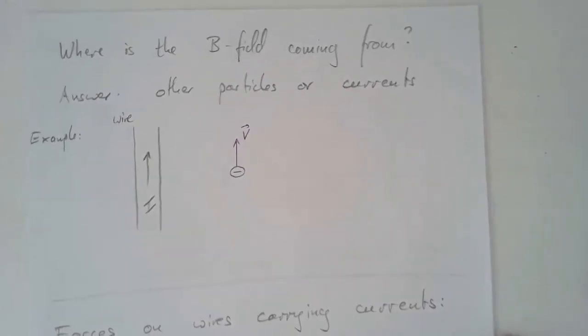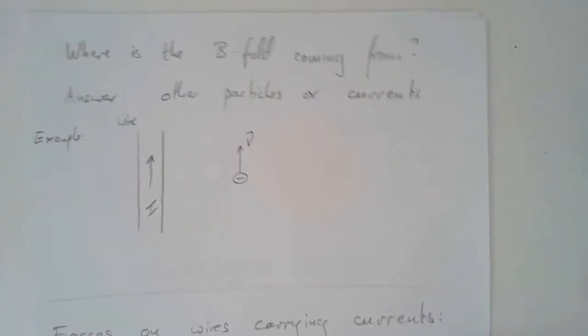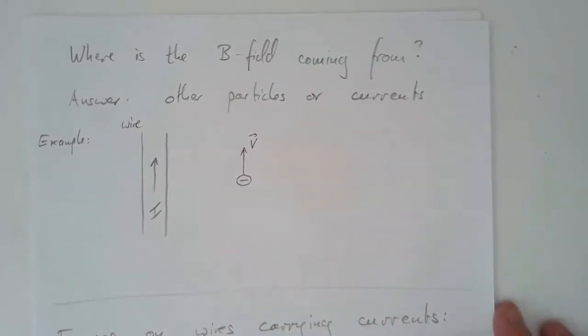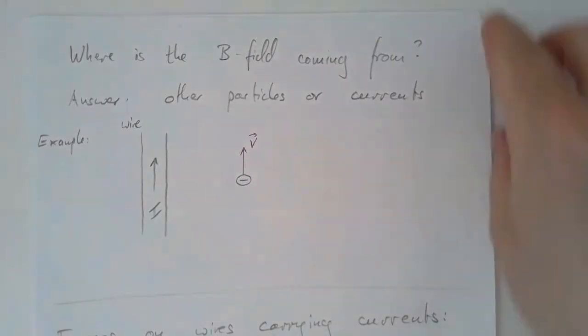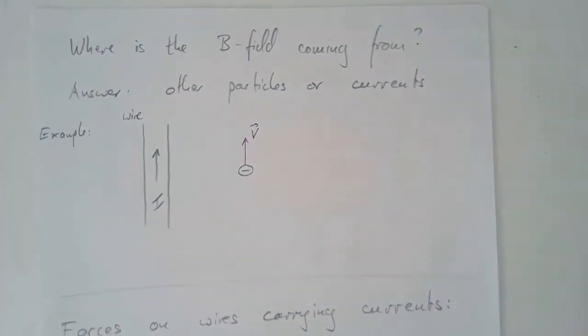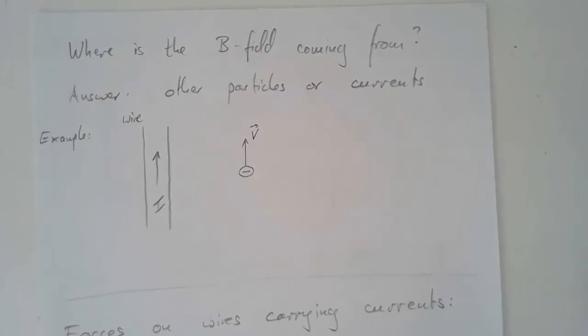Another problem you might encounter is, I want to create a magnetic field of field strength 5 Teslas, how much current do I need? So there are questions about creation of magnetic fields. When you encounter a problem, be completely clear what it's asking you. In this video, I'm really talking about the effect of magnetic fields that are already there, caused by something else. But, of course, any magnetic field is created by something else.